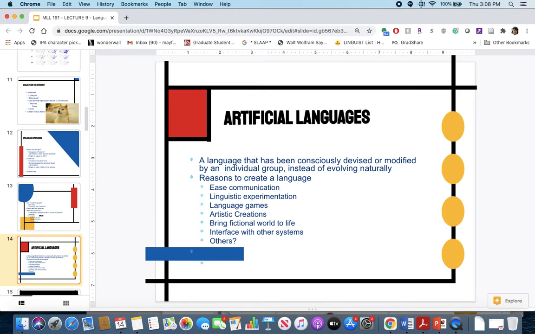They are languages created for a specific purpose or a way to unite a certain people. It could be to bring a fictional world to life, or to interface with other systems, such as computers, for example, a computer language. So these are some ways in which we try to create languages.